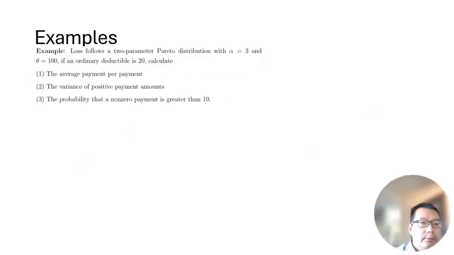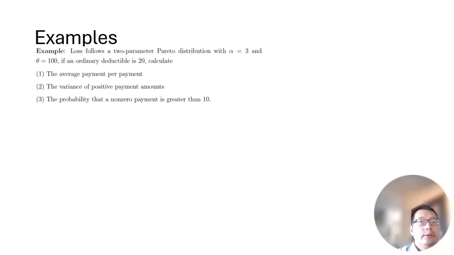Okay, this example is about the two-parameter Pareto distribution. Loss follows a two-parameter Pareto distribution with alpha equals 3 and theta equals 100. If an ordinary deductible is 20, calculate the average payment per payment, the variance of a positive payment amount, and the probability that a non-zero payment is greater than 10.